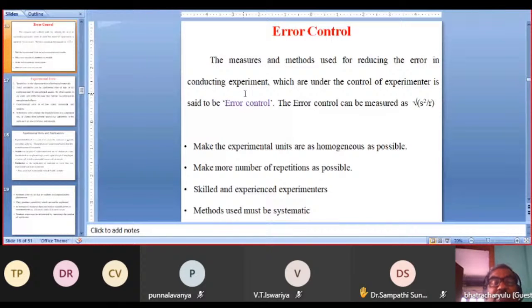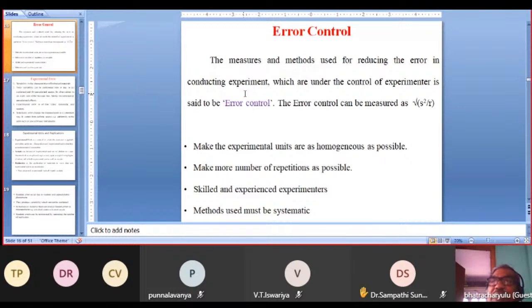The advantage of error control is to make the experimental units as homogeneous as possible. Because whenever you conduct the experiment under similar, homogeneous conditions, automatically the error will be controlled, and make more repetitions. When the experiment is repeated, by getting more experience, the error will be controlled and standardization will be maintained.